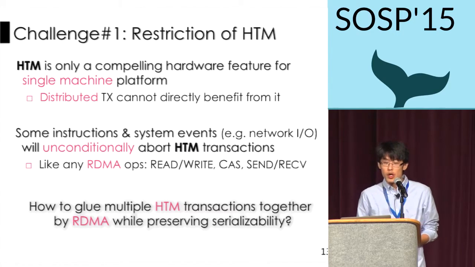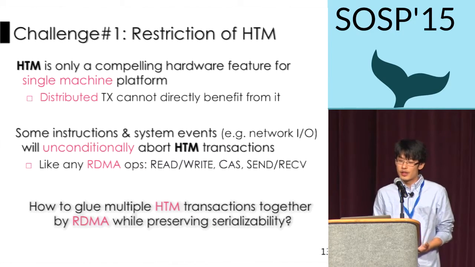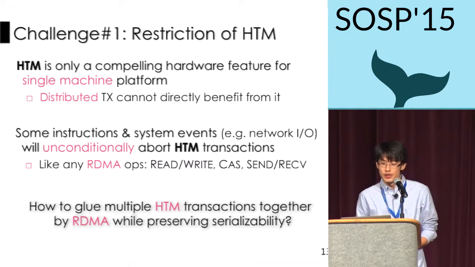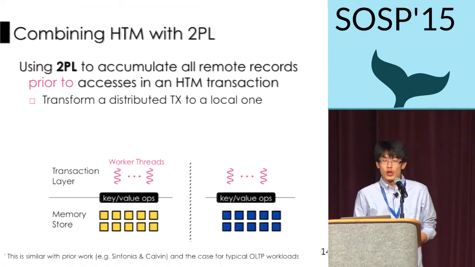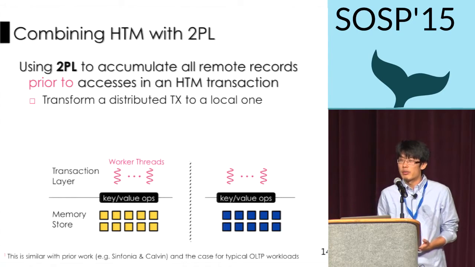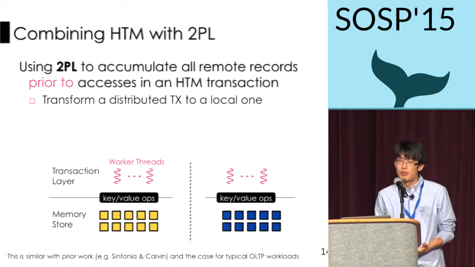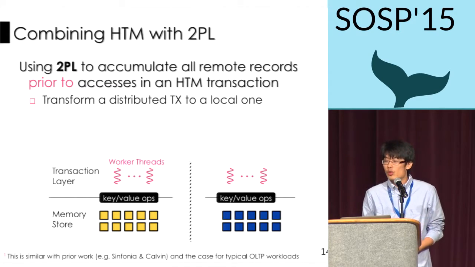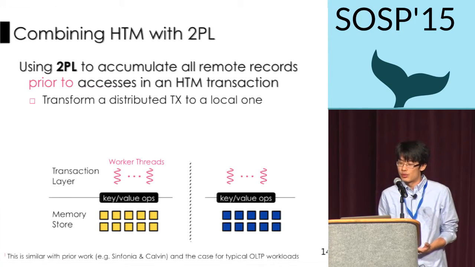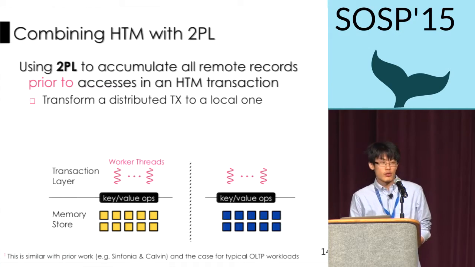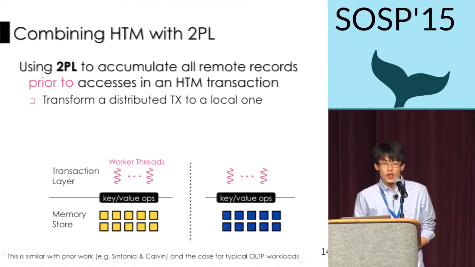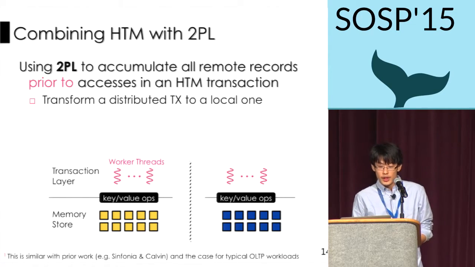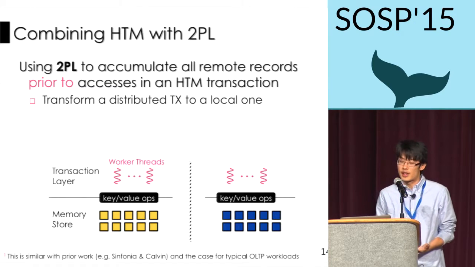So how to glue multiple HTM transactions together by RDMA while preserving serializability is our first challenge. We solve this problem by using an RDMA-based two-phase locking scheme to transform a distributed transaction into a local transaction which can use HTM to execute. The idea is that we first use two-phase locking to acquire all remote records of a transaction prior to the accesses in an HTM transaction.